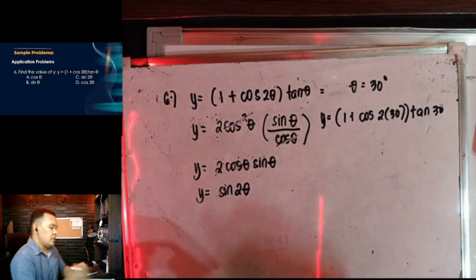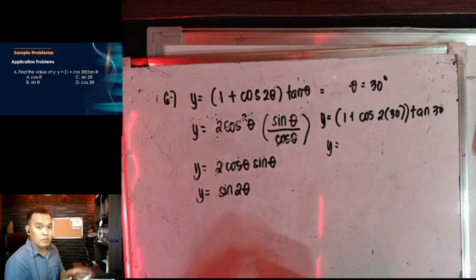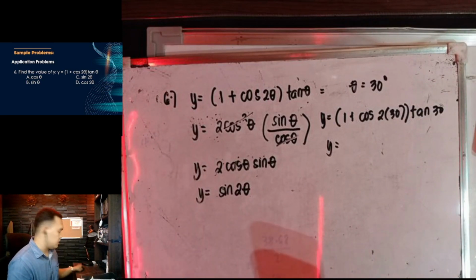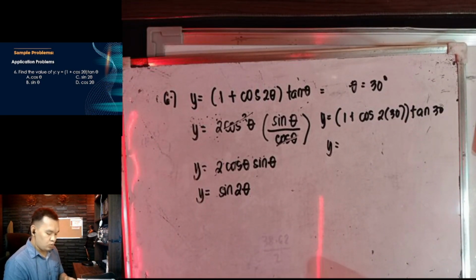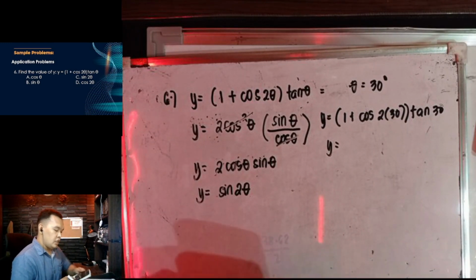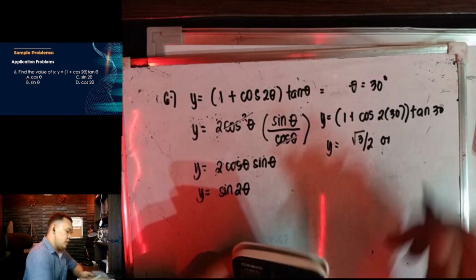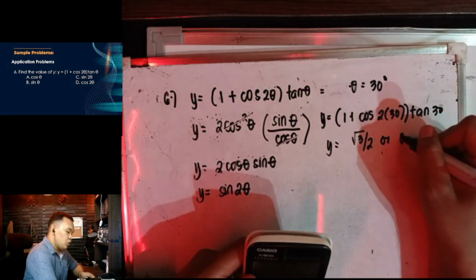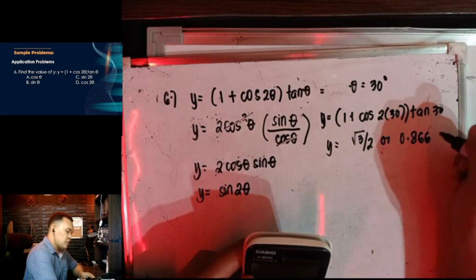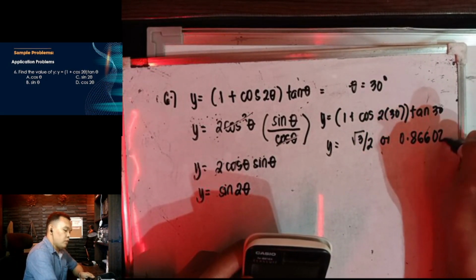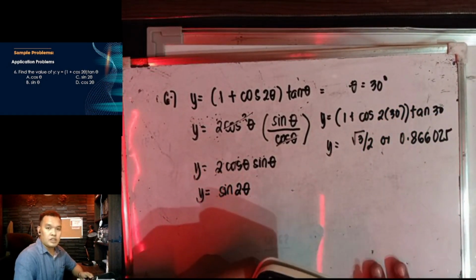Kung halimbawa hindi nyo kabisado yung identities, try natin solve ng ibang way. So the answer will be square root of 3 over 2 or equivalent yan kay 0.866025. Okay? Then check natin sa choices, no?